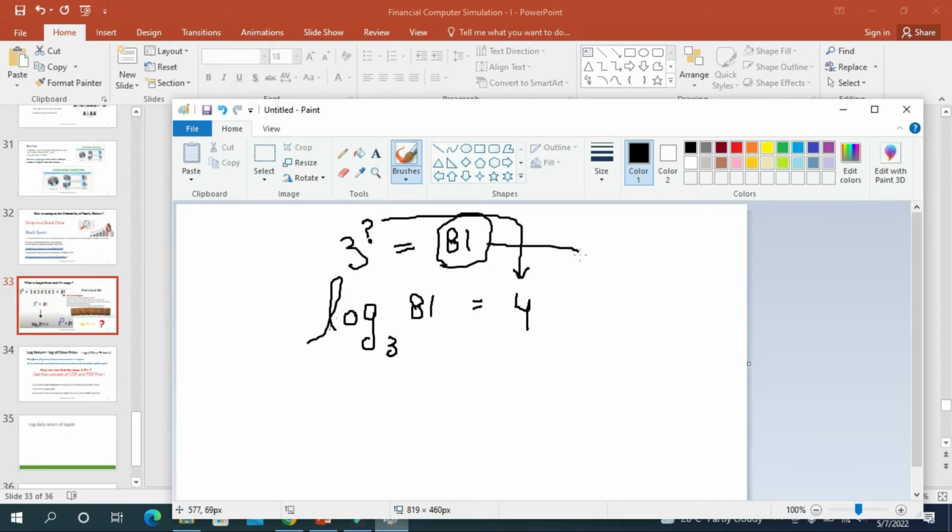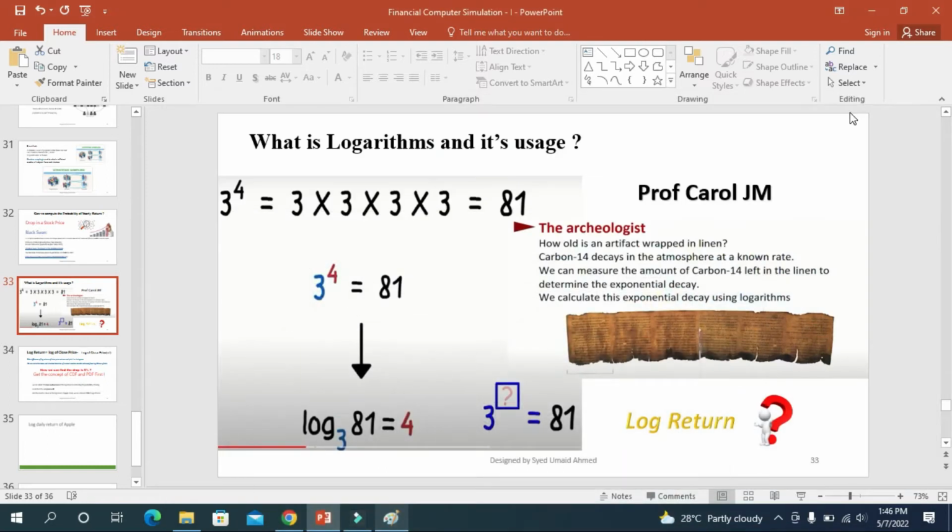We can simply find the unknown quantity. So you can place this example exactly here. So this is the use of log.